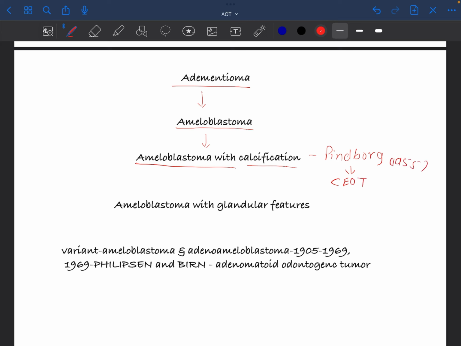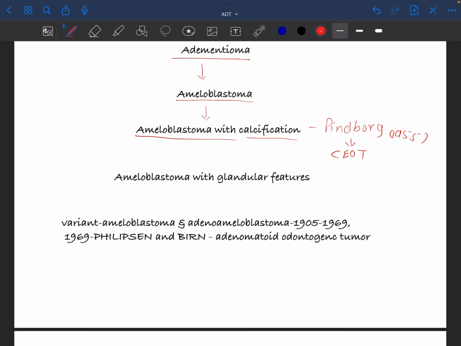In our last class, we discussed CEOT and how it is very similar to ameloblastoma with certain distinguishing features. A short time after that, they discovered another variant of ameloblastoma which shows glandular features, gland-like structures in histology.